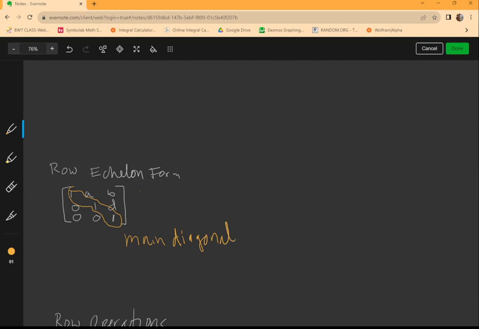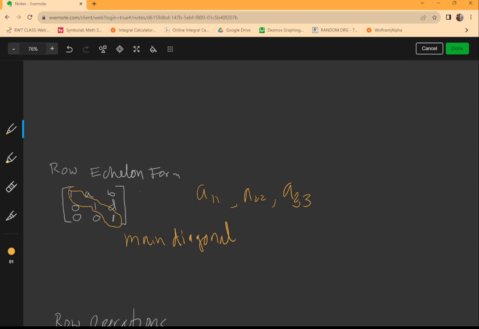Right, so in a 3x3 matrix, the main diagonal will be all the ones like A11, A22, A33. Okay, so that's what we're going to call our main diagonal.